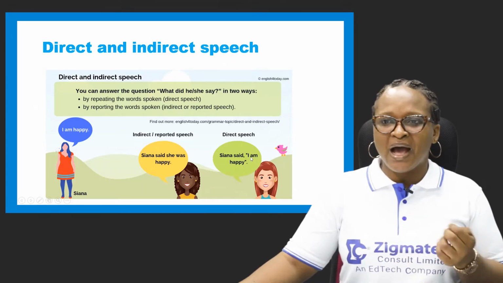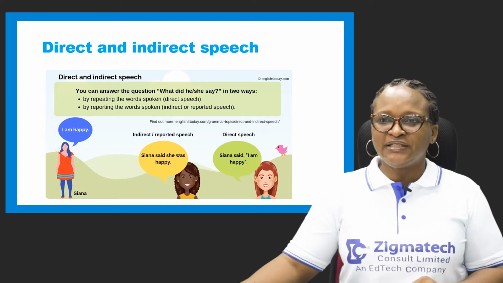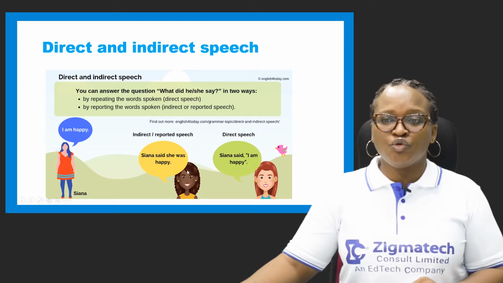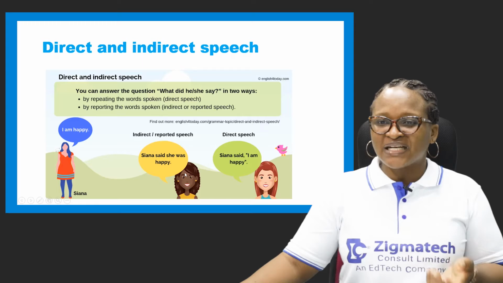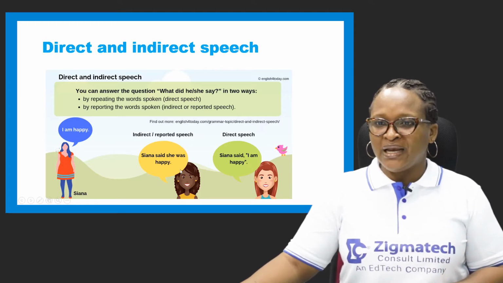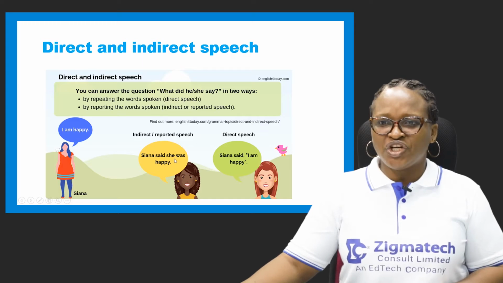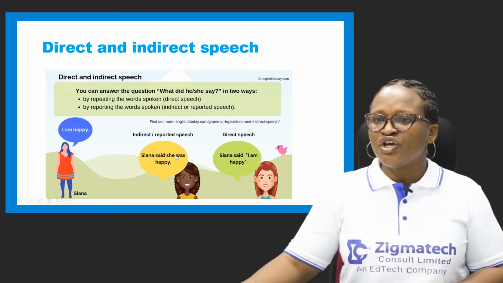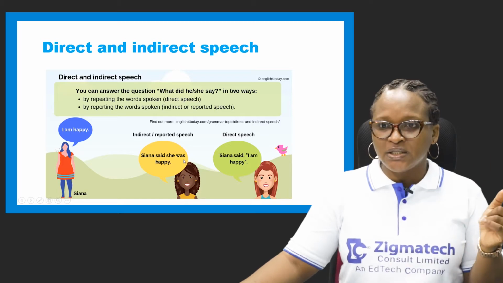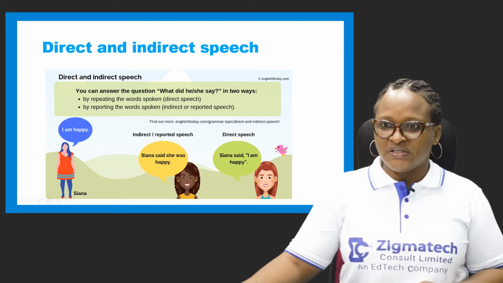Here we have I am happy for the direct speech, but in the indirect speech, we have she was happy. That's a rule. When we get to that point, we will explain better and more elaborately. The am changes to was, because when you're reporting, you report in the past. You don't report in the present.